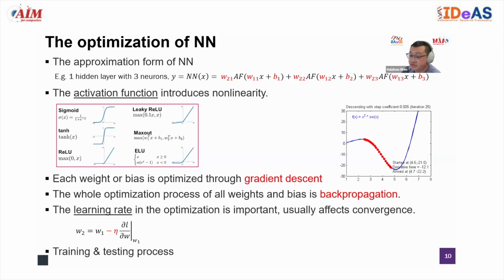Each weight and bias is gradually optimized through gradient descent, just like climbing down a mountain, and the global optimization is called backpropagation. During the approximation, the learning rate is also very important. It decides the convergence or divergence. And a classic approximation has both training and testing parts.